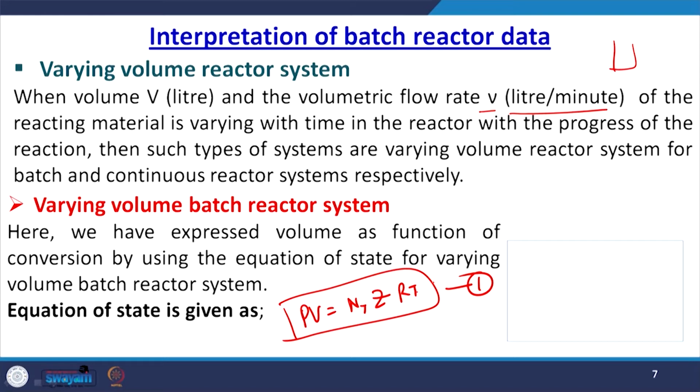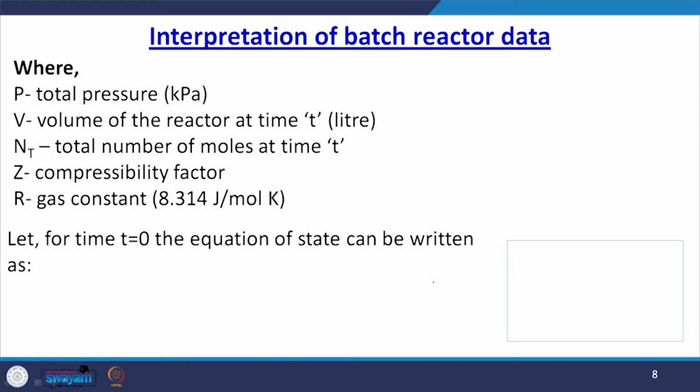Here, P is pressure, V is volume, NT is the total number of moles, Z is the compressibility factor, R is the universal gas constant, sometimes referred to as the characteristic gas constant, and T is the temperature of the system.